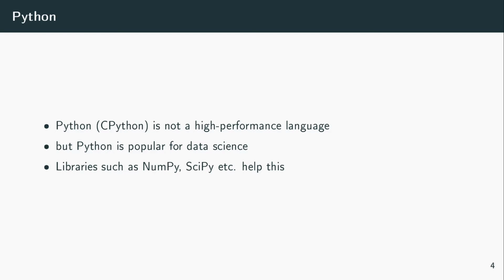The dynamic nature of Python also supports iterative and rapid development, as evinced through popular tools like the Jupyter notebooks and so on. And that's another reason you see this use of Python in this domain as well.